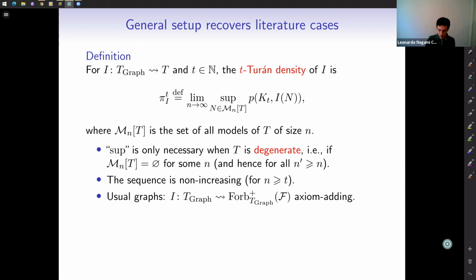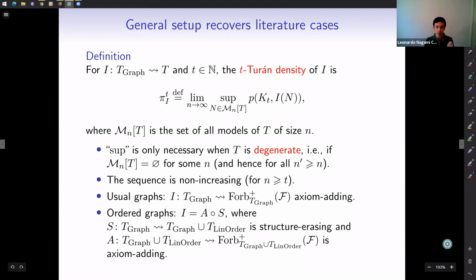Okay, but notice that it was also capturing the problem for the other generalizations of the Erdos-Simonovits theorem that we were seeing. Because, for example, if instead I take my open interpretation to be a certain composition of two open interpretations, and the composition looks like this. S here is going to be the structure-raising interpretation from graphs to ordered graphs, and A is going to be an axiomatic interpretation that maps ordered graphs to F-free ordered graphs for some family F of ordered graphs.